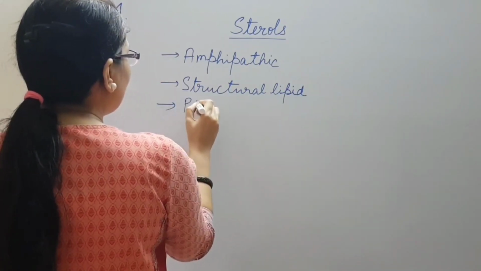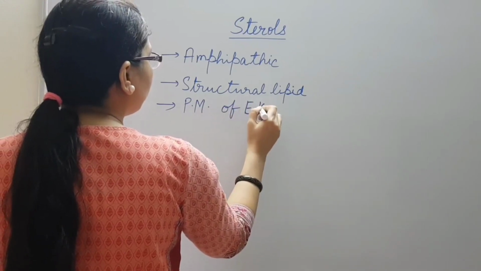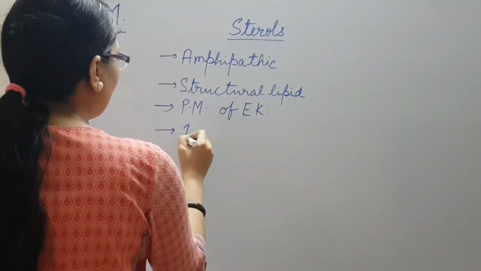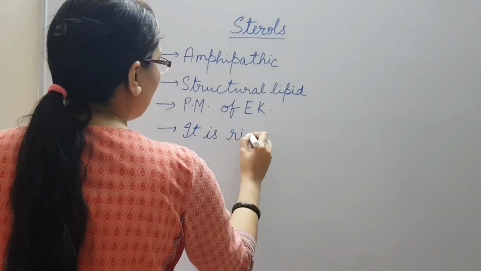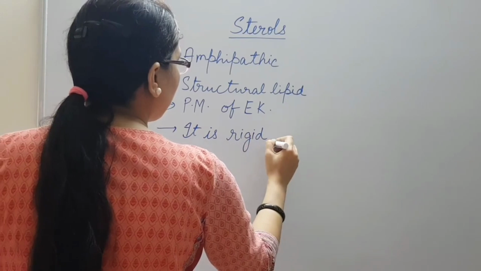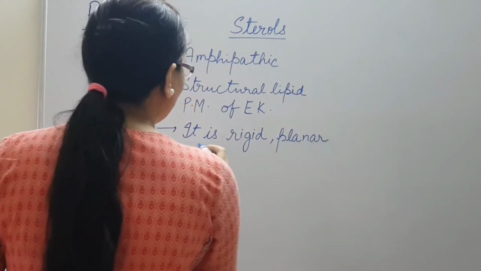It is present in the plasma membrane of eukaryotes. It is a rigid, planar molecule.